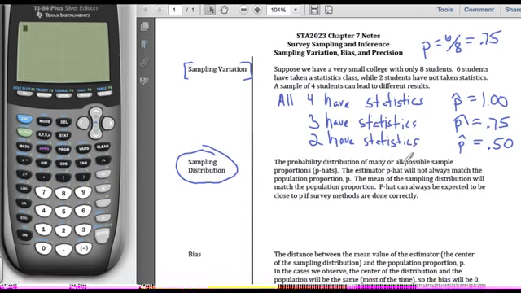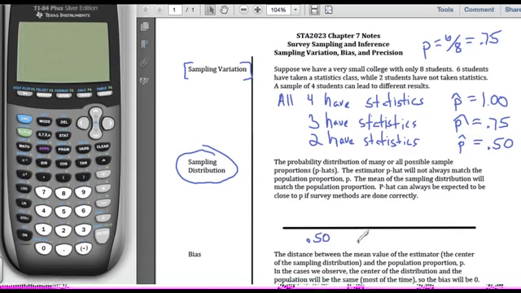Now, as we saw, the estimator, the statistic P hat, will not always match the population proportion P. However, the mean of the sampling distribution should match the population proportion. P hat can be expected to be close to P if survey methods are done correctly. Essentially, what this is saying is that if we take sample after sample after sample, then we should be able to make a fairly accurate assertion about P.